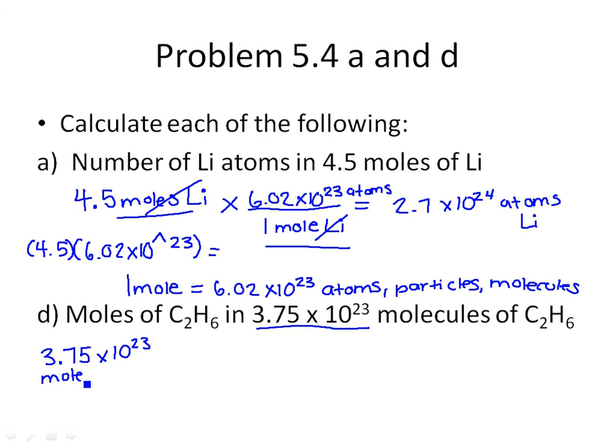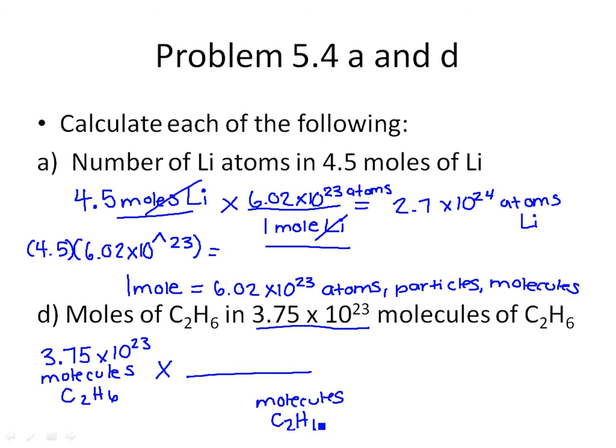We know that we have molecules of C2H6. So we know that molecules has to go in the denominator for these to cancel.